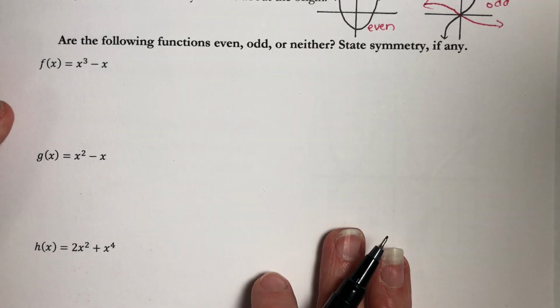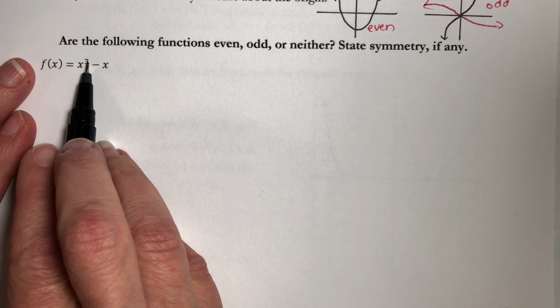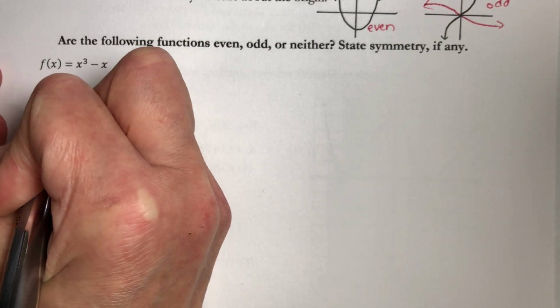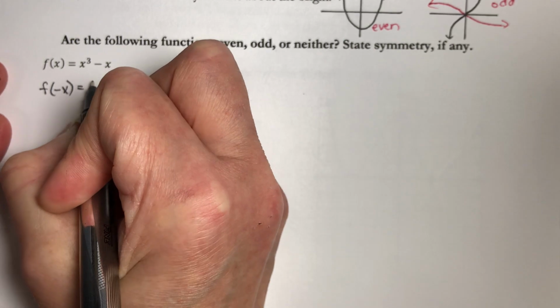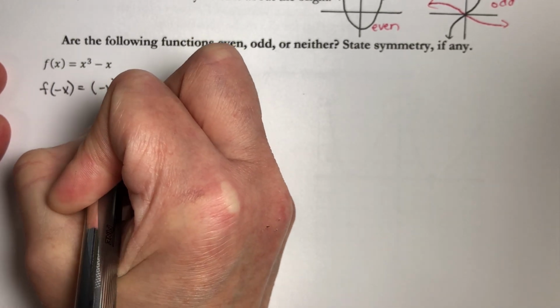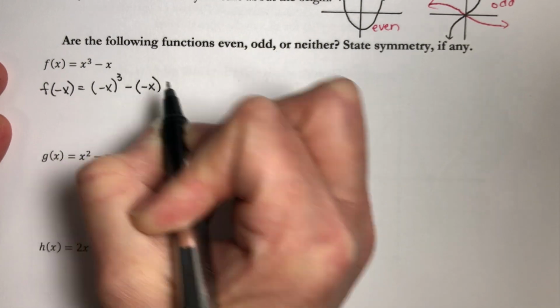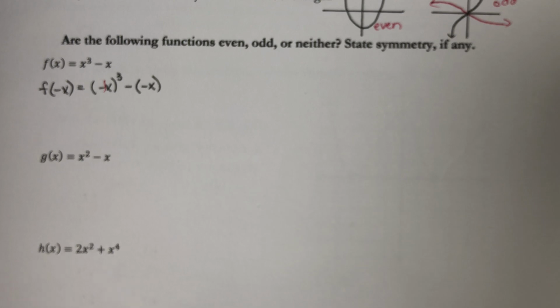So f of x is equal to x cubed minus x. I want to find f of negative x and see what happens. So this is negative x cubed minus negative x. Well, this is a negative 1 right there, correct?